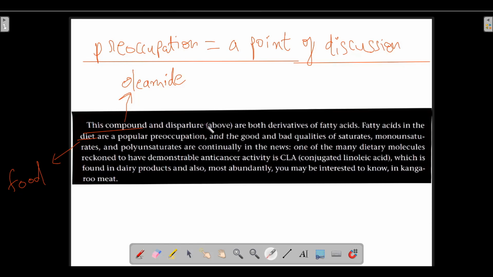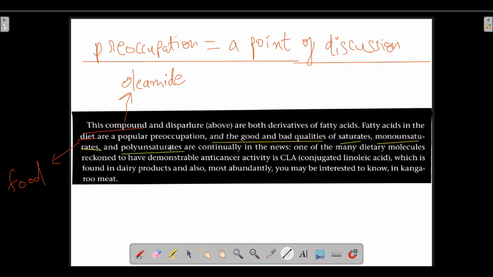Now, the fatty acids in the diet are a popular preoccupation, and the good and bad qualities of saturates, monounsaturates and polyunsaturates.